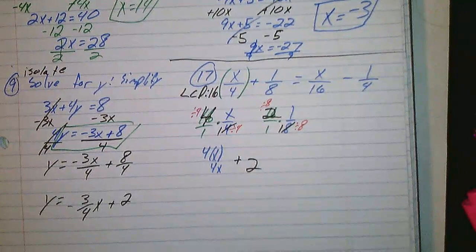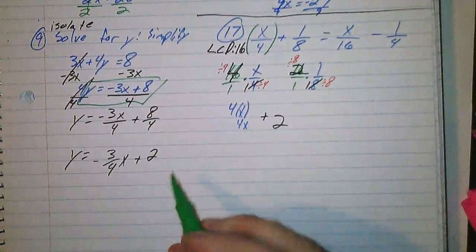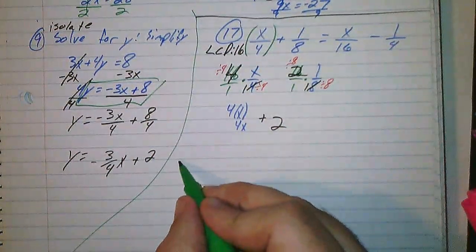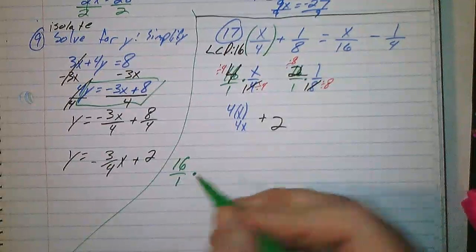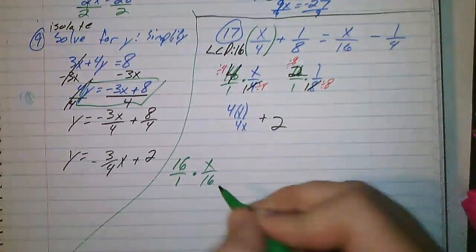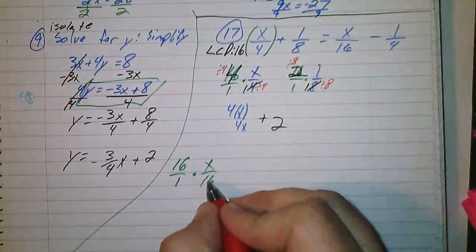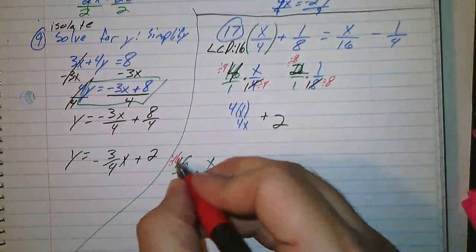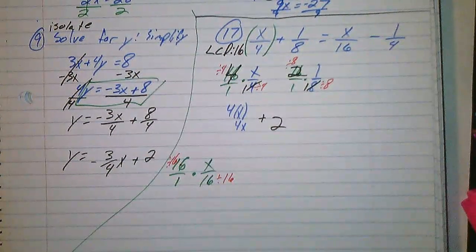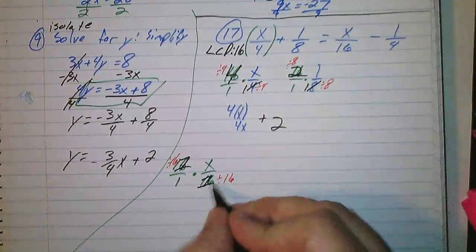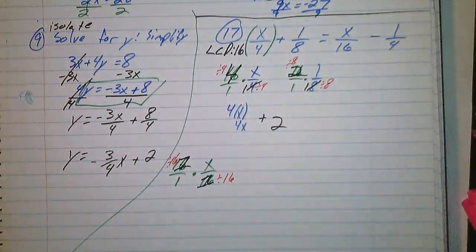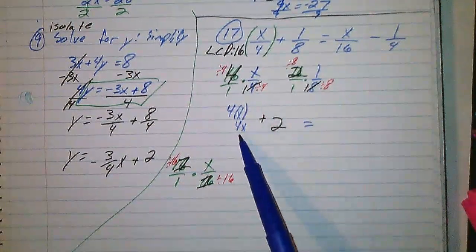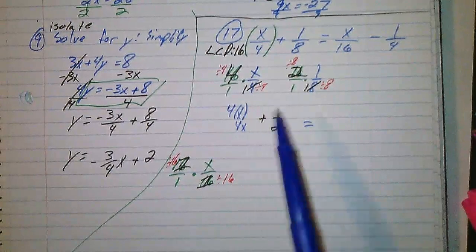I'm going to run out of room here. Next, I'll go off to the side, I guess. We'll take 16, or 16 over 1, times x over 16. Now this one's fun because we're just dividing 16. So this both becomes 1. So we have our equal sign. Again, that's what our first term became. This is what our second term became.